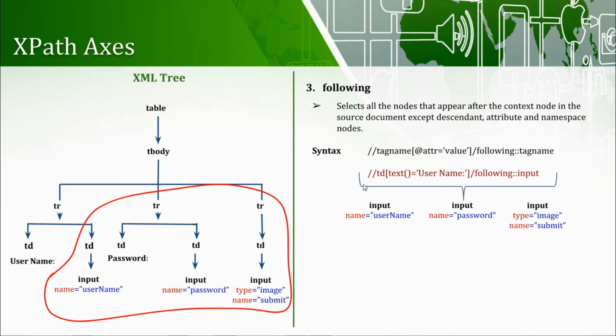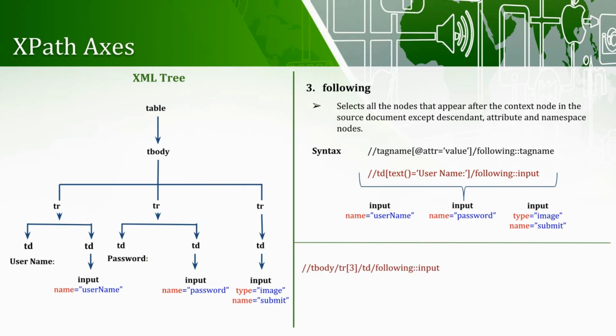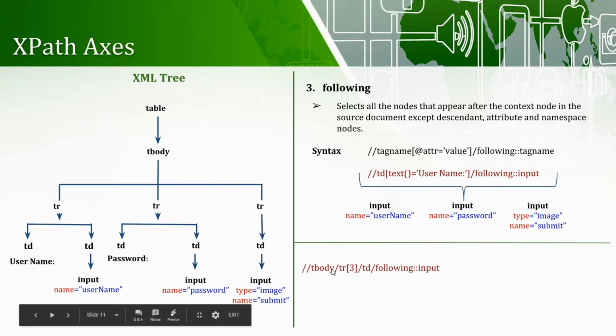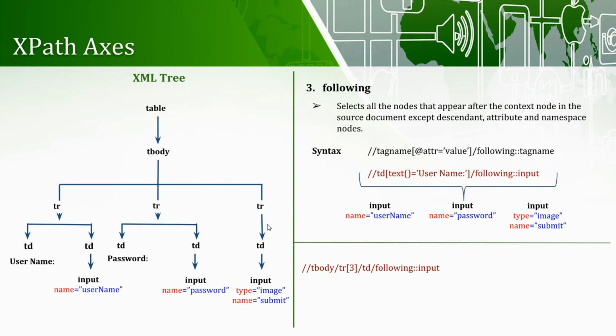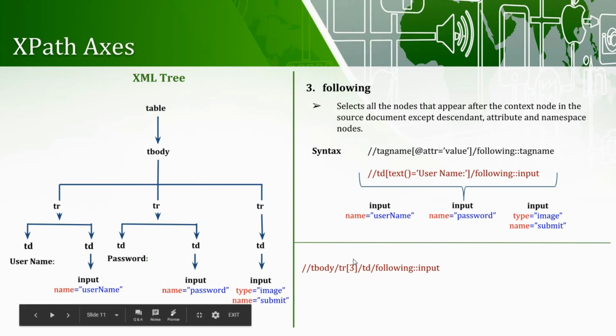Let's consider one more example. In this example I am saying //tbody, which is this. Then I am saying tr[3], so 1, 2, 3. This is the node that will be selected. Under tr[3] I have a node td. Then I am saying following, so any node that comes after this node td will be the output of our XPath.